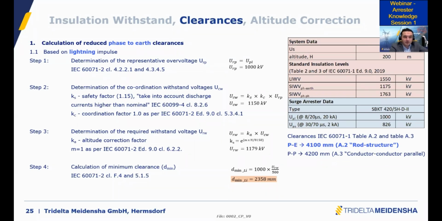Then we have another question from Bastian Abarca, talking about nominal voltages. What is the criteria for choosing nominal voltages? For example, thinking about a system of 550 kV, why should I prefer a rated voltage of 420 over 396 for the nominal voltage?